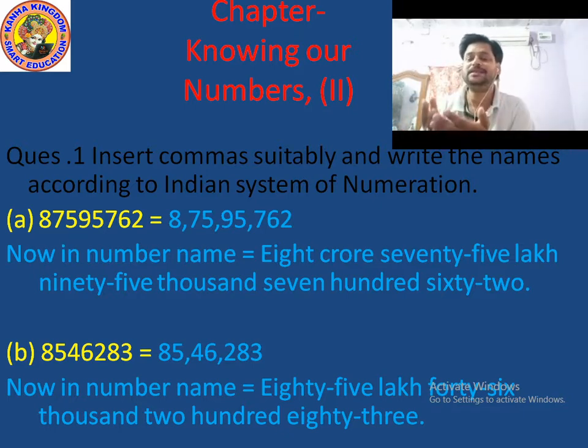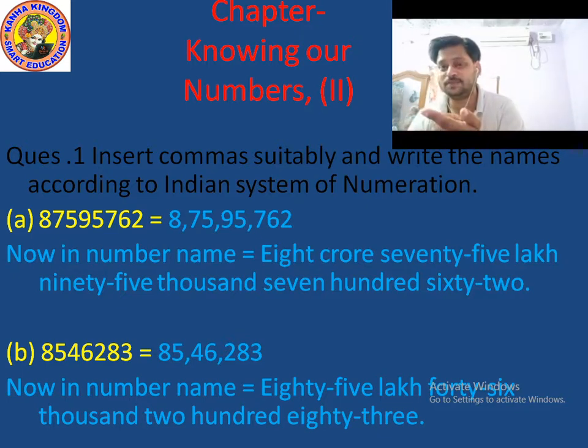So which three digits are in the ones period? Before 5, 7. Where is 7? 7 is in the hundreds place. So 700. And before 7, 6. Where is 6? 6 is in tens. And before 6, 2. So where is 2? 2 is in the ones place.